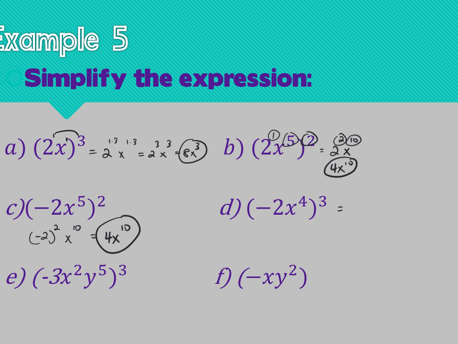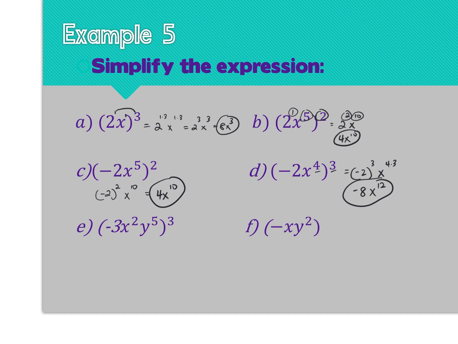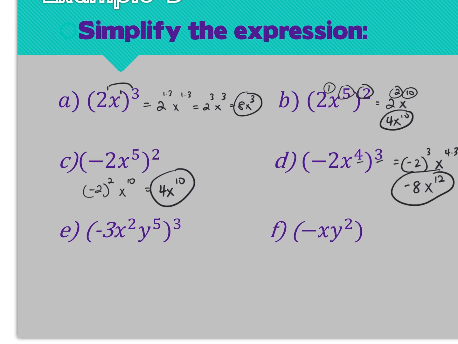So then again here, notice that I have the negative 2, and it's going to be to the 3rd power, and the x is going to be to the 4 times 3 power, right? 4 times 3. So it's going to be negative 2 cubed is negative 8, and this is going to be x to the 12th power. I go to, again, E, and this is going to be negative 3 cubed.